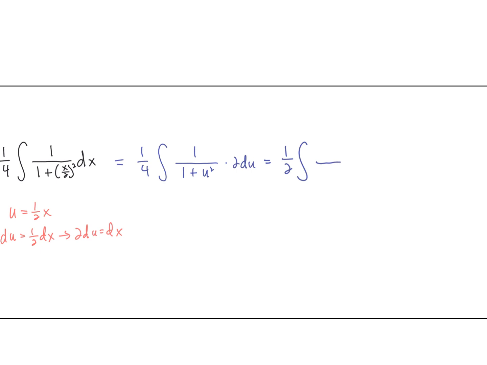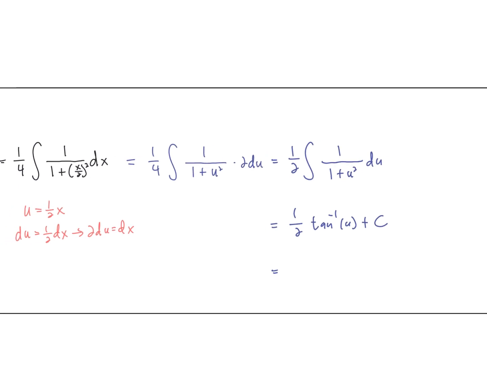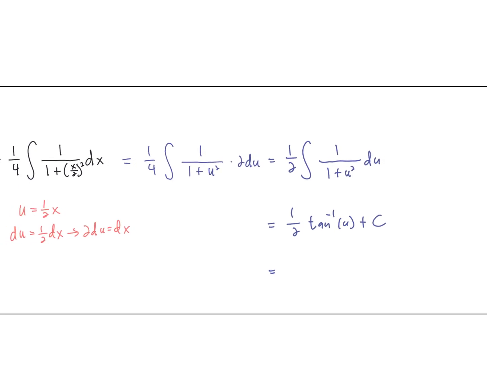And now this becomes exactly just inverse tan. Okay, and then now we bring our u's back, so u is 1/2 x, or x over 2.